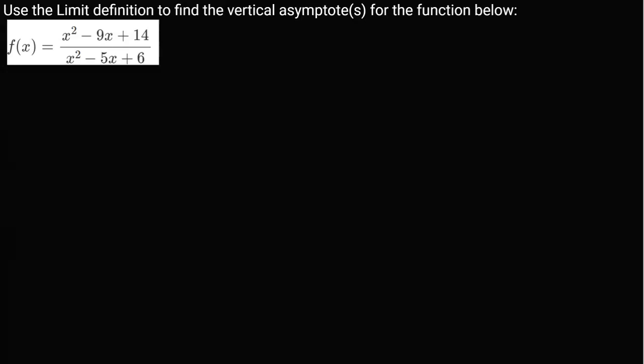We are talking about the definition of a vertical asymptote. And this is practice infinite limit question number 10. Okay, so the definition of a vertical asymptote is: x equal to a is a vertical asymptote if one of these things happens.